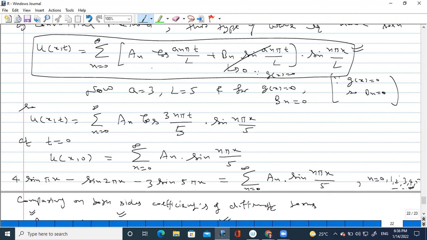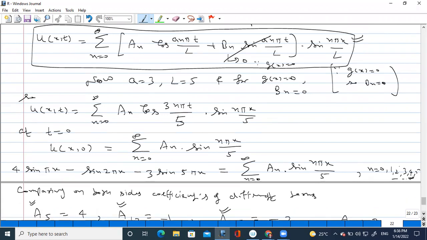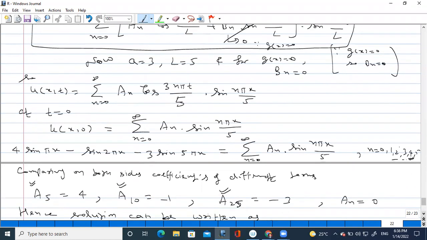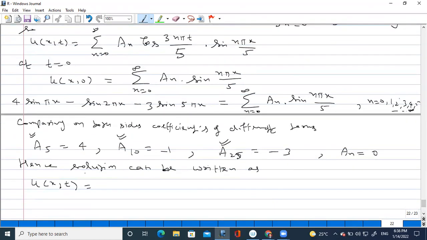A5 value is, sorry, 4. That also we will put. And into sin(n pi x by L), in n you have to put 5, 10, 25. So three terms will be there. So we can get the answer: 4 into cos(a n pi t).